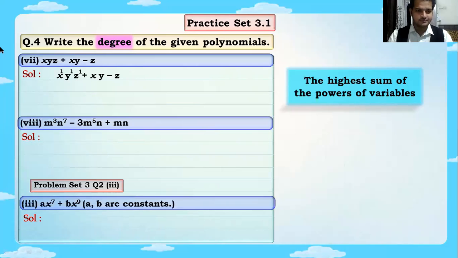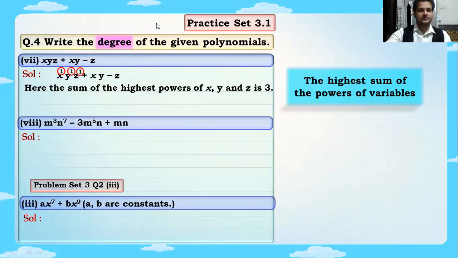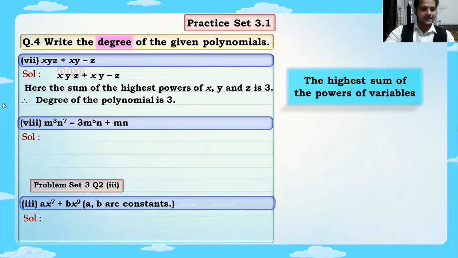In the next term, if you observe x and y, you have power 1 and 1 again. That is 2. Here you have power 1 only. So what was the highest sum of the powers? It was 3. So that will become the degree of the polynomial. Am I clear? Great.